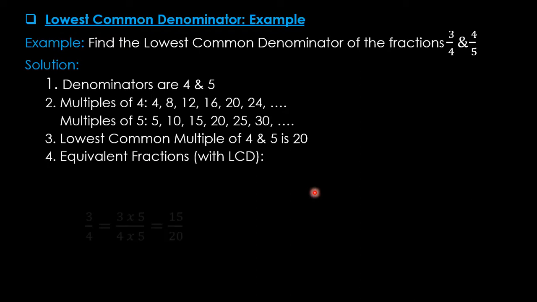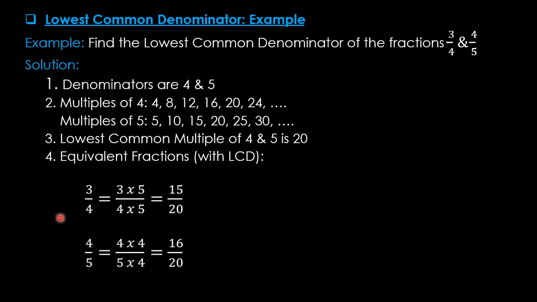Then how do we find the equivalent fractions? For 3/4 and 4/5, we divide the lowest common multiple by each denominator.